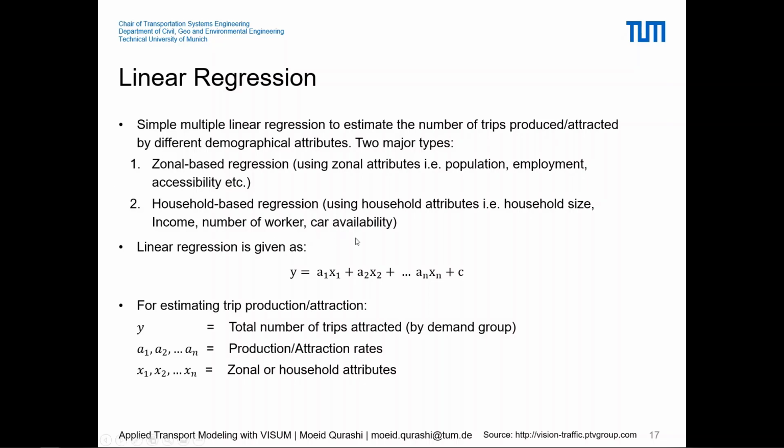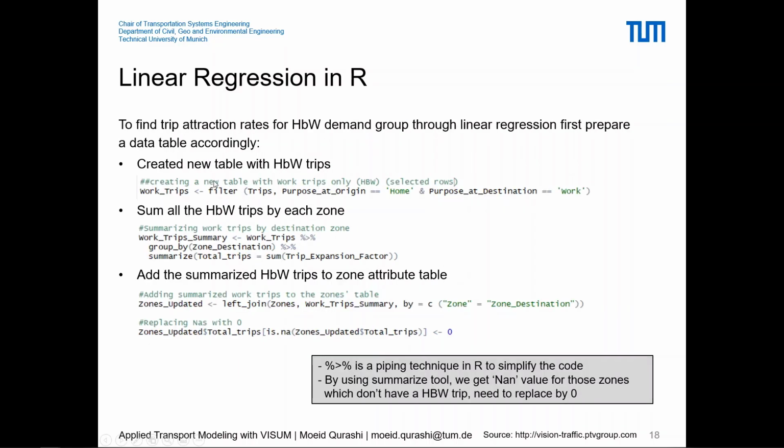Now, to do this in R, first we'll again extract the trips table, which is only home to work, and then we will summarize the work trips by the destination zone. So this summary will basically have, if we have 24 zones, for all 24 zones, how many work trips are attracted to this zone as destination.